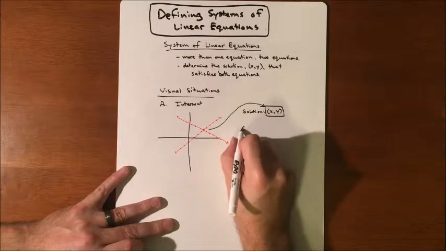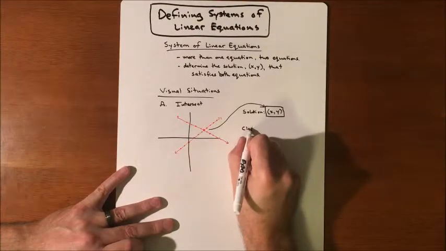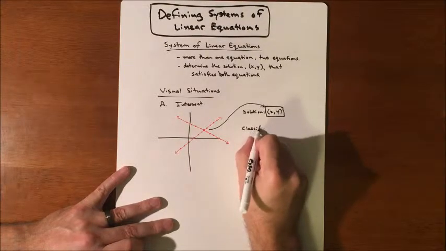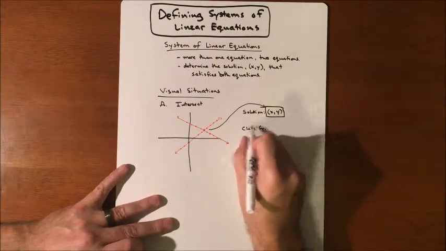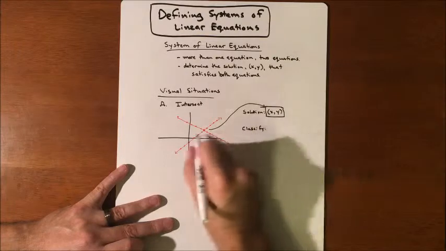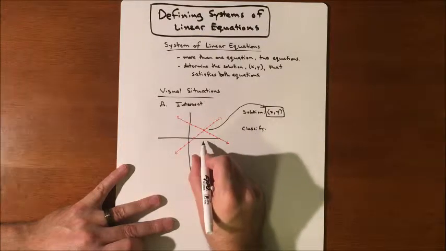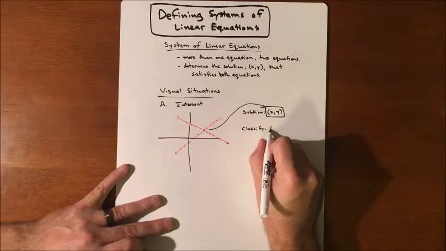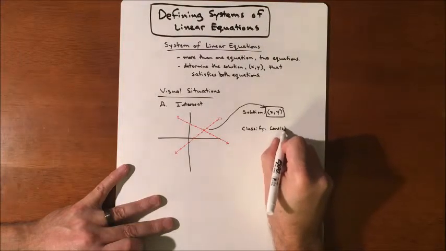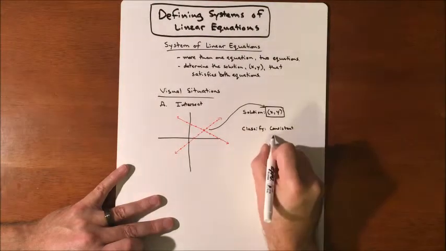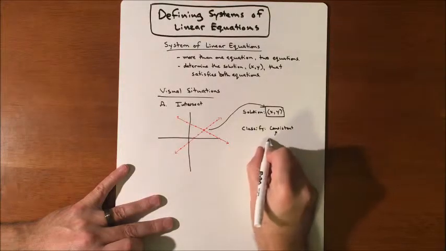All right. There's also going to be some classification, some names that will go with each of these systems depending upon what happens. One of them is, because they intersect and because they have a solution, we're going to classify this as consistent. And consistent just means it has a solution.